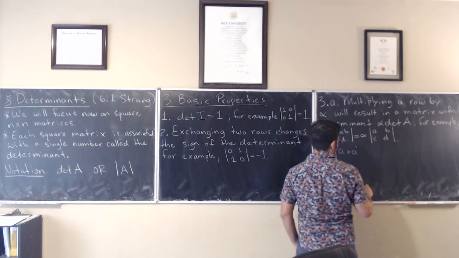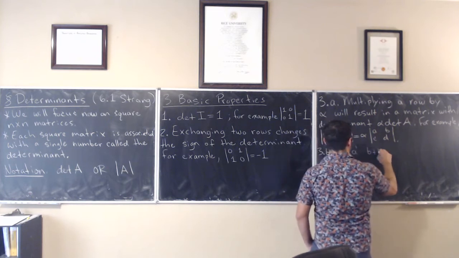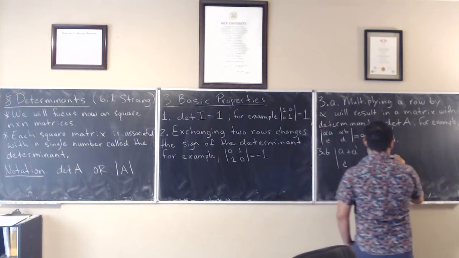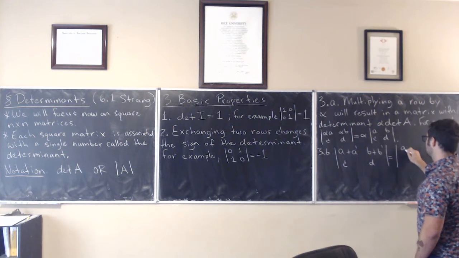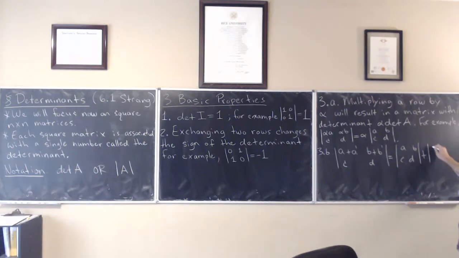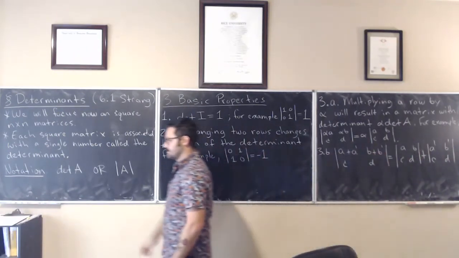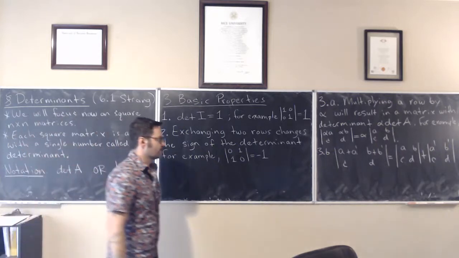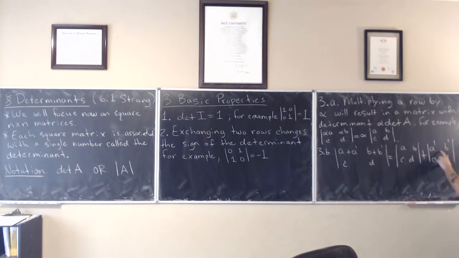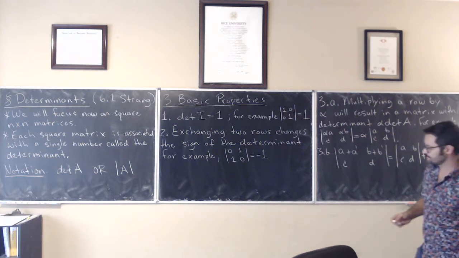The matrix with rows A plus A prime, B plus B prime, and C, D is equal to the determinant of A, B, C, D plus the determinant of A prime, B prime, C, and D. So adding onto each entry of a given row, you will be able to form a new matrix like this, and the determinant of this sum is the sum of the determinants.